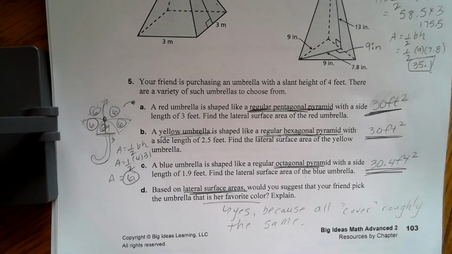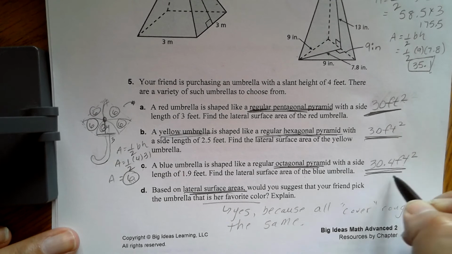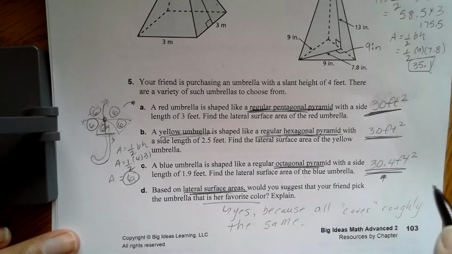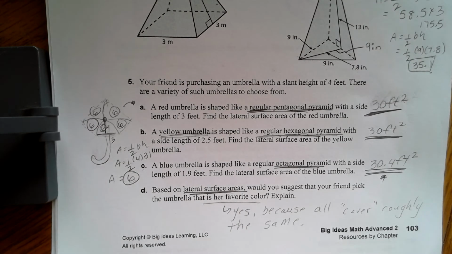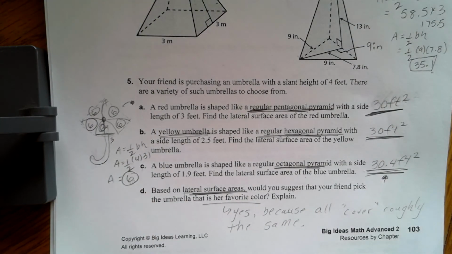Yes, I know that technically this one is a little bit better, but you're talking about 4/10 of a foot more. No one's going to notice 4/10 of a foot. So if I were to have 12 inches and I times that by 0.4, total surface area, it's only covering 4.8 more feet.